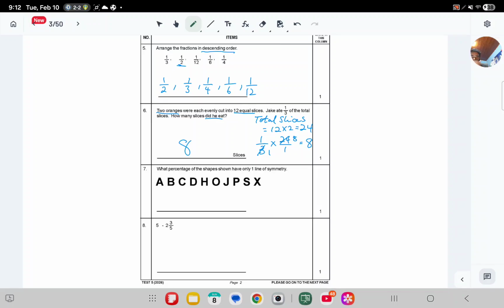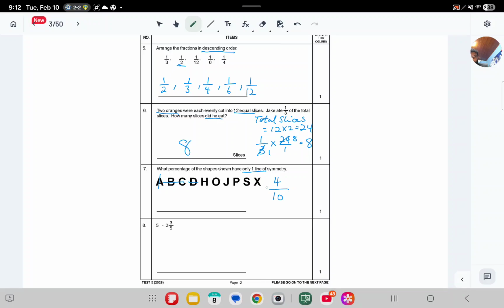What percentage of the shapes shown have only one line of symmetry? Only one line. So we know A has 1, B has 1, C has 1, D has 1, H has 2, O has 2, S and X 2. So it's 1, 2, 3, 4 out of the 1, 2, 3, 4, 5, 6, 7, 8, 9, 10.